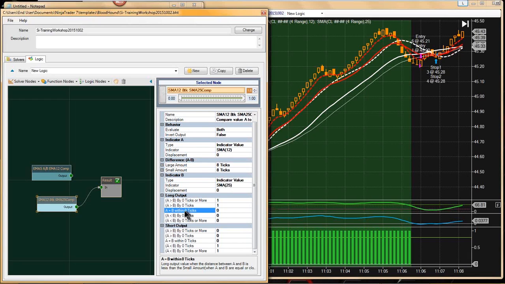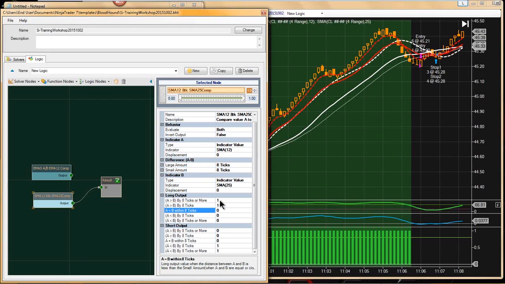Usually this number will update, but right now it says 0 on my computer. If I click off and click back on, that forces the label to update. Now you can see it says A equals B within 8 ticks, because my small amount says 8 ticks. So this is the setting I want to use here.